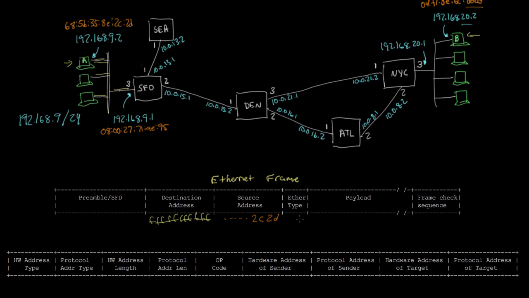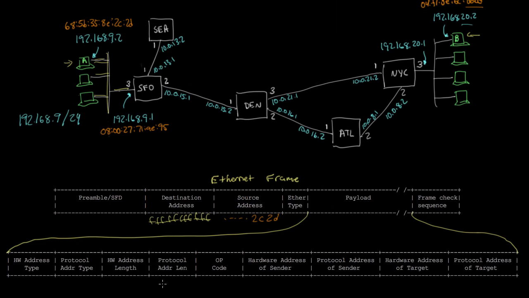Then the ether type, again, describes what is in the payload. And so what's in the payload is this ARP request. And so the payload is actually going to be this whole thing here. So if we look at what's in the payload, that's this.